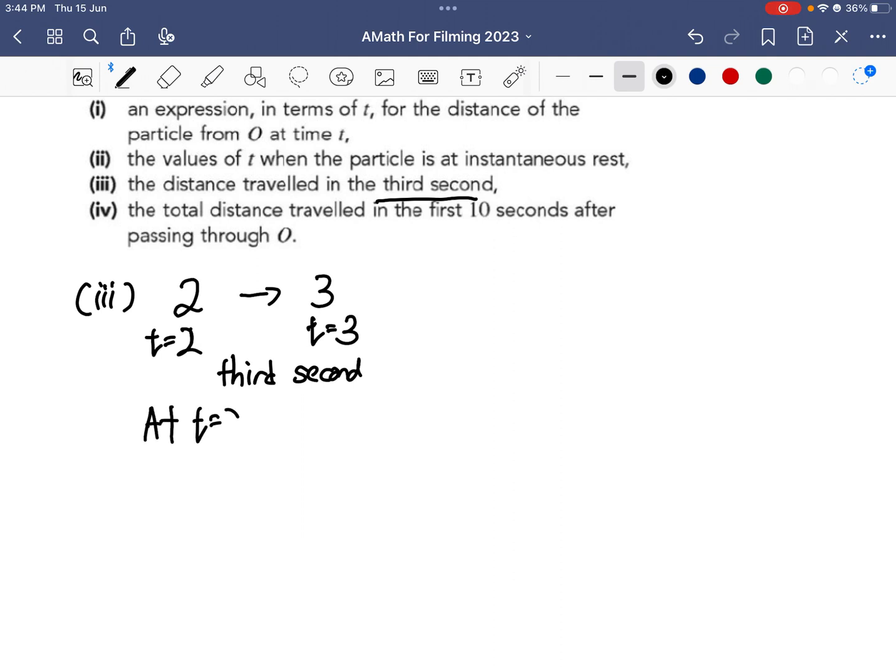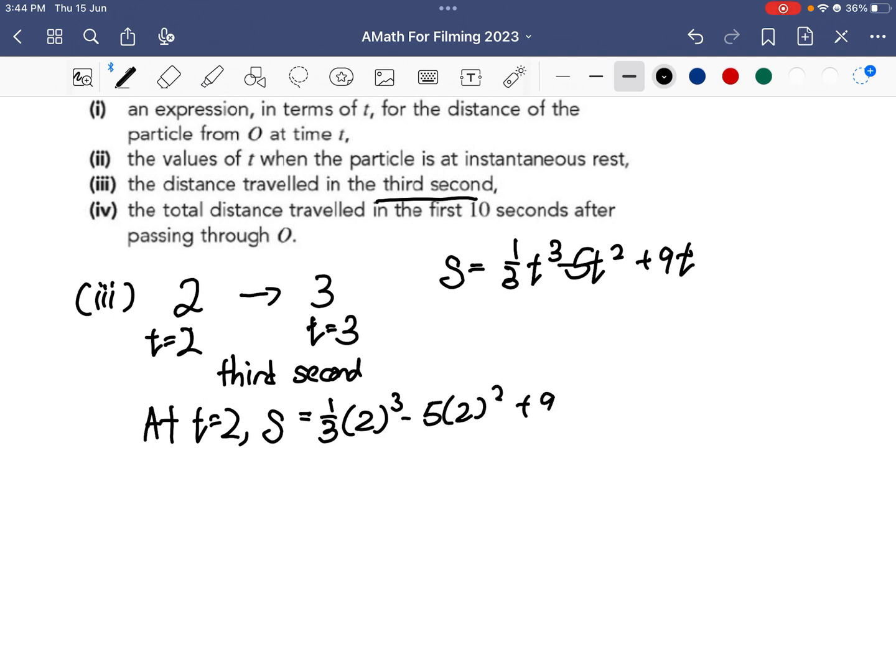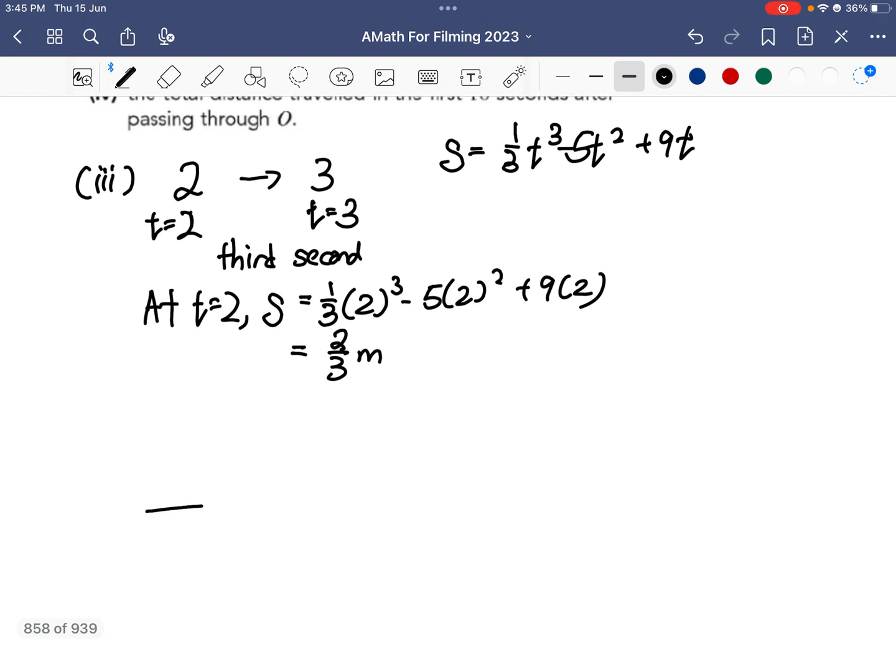Now at t equals 2, my displacement, which you remember from the first part, is 1/3 t cubed minus 5t squared plus 9t. So at t equals 2, my displacement in this case is 2/3 meters.